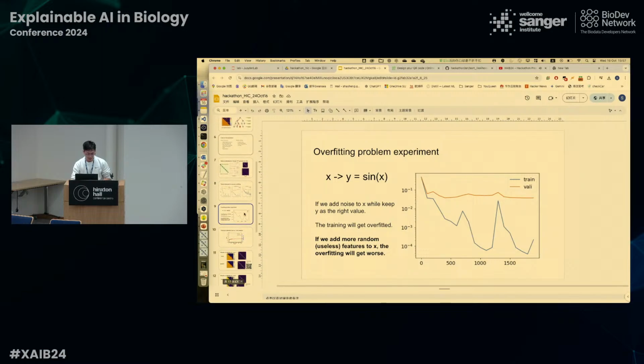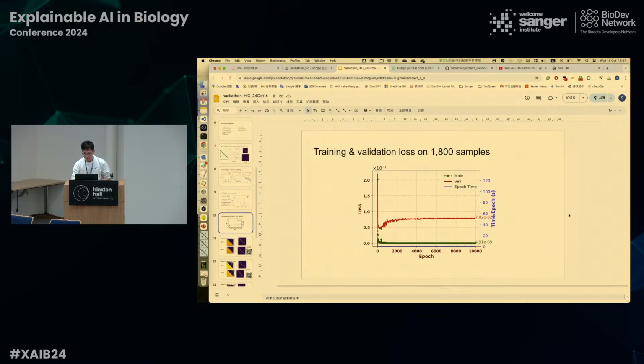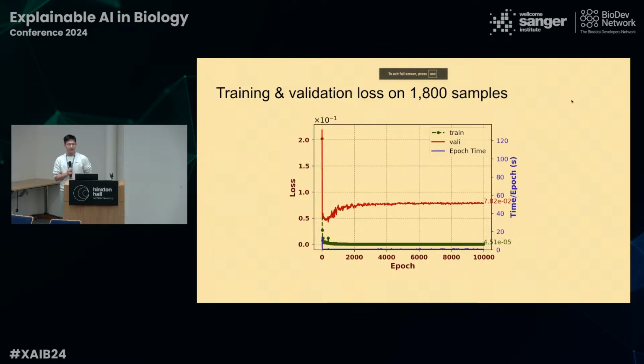After our experiments and modifications, we trained the model on 1,800 samples. So this is the model, and this is the loss value during the training process.